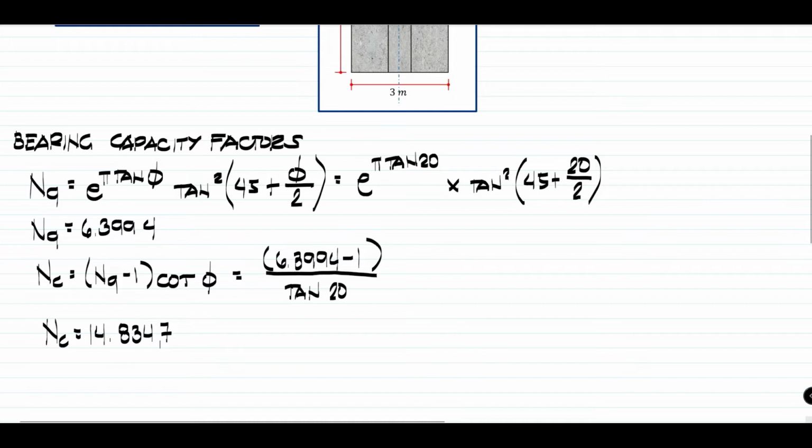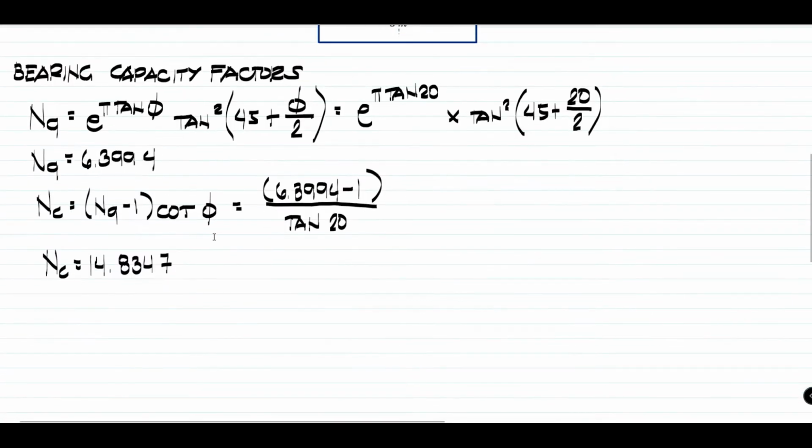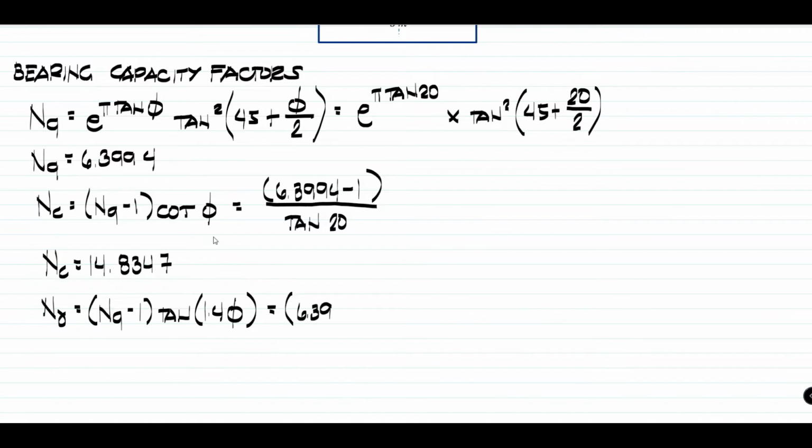Yung last bearing capacity factor na kailangan nating i-determine is yung N gamma. Our N gamma will just be equivalent to Nq minus 1 times the tangent of 1.4 times phi. So we have here Nq is 6.3994 minus 1 times the tangent of 1.4 times 20.